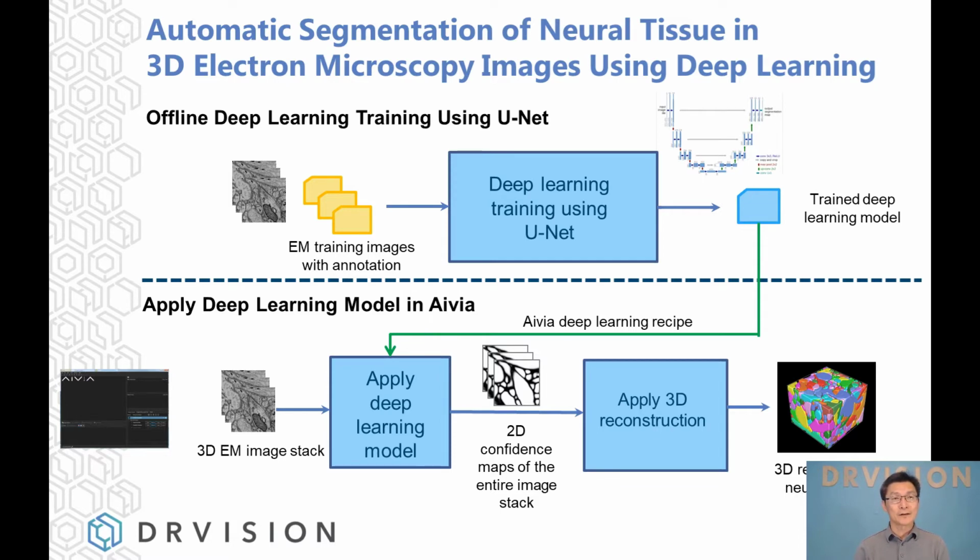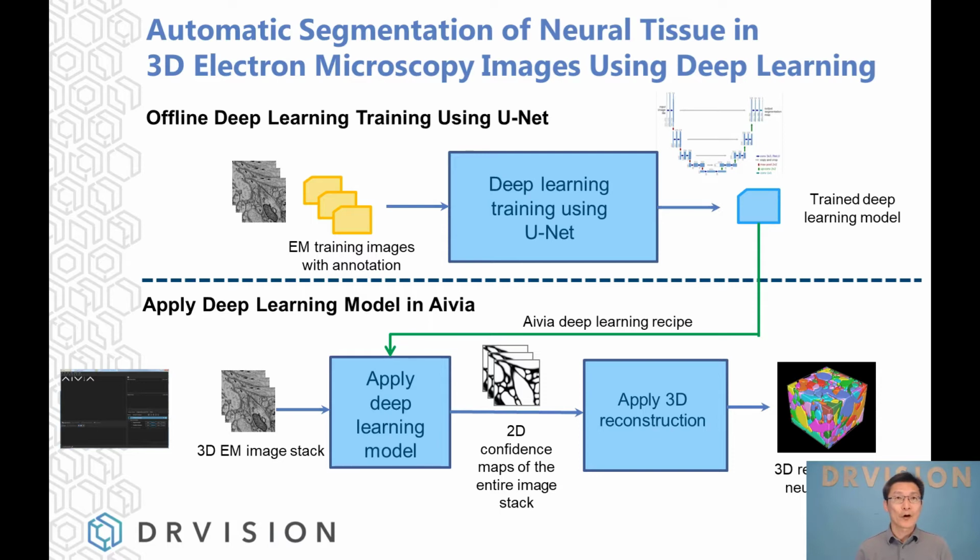I'm the application software manager at DR Vision, and I'm proud to introduce the brand new feature of Aivia 6. That's the automatic segmentation of neuron tissues in 3D EM images using deep learning.